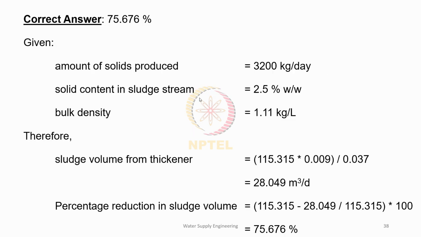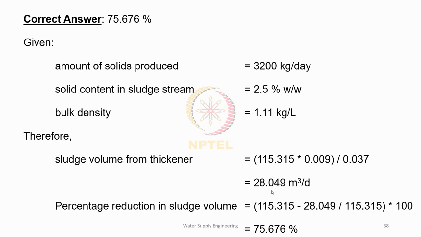So, when it is solved, the sludge volume at the end after treatment from the thickener, this was the initial one, it becomes 115.315 into 0.009. So, this is the inlet to the thickener, and when it comes out the solid content becomes 3.7 percentage, so the sludge volume becomes 28.049 meter cube.